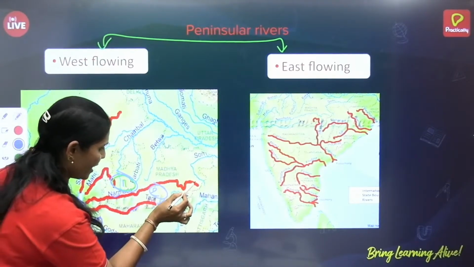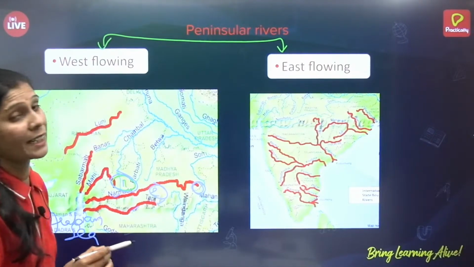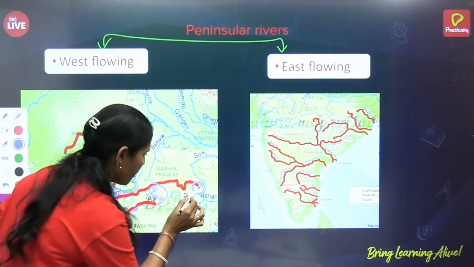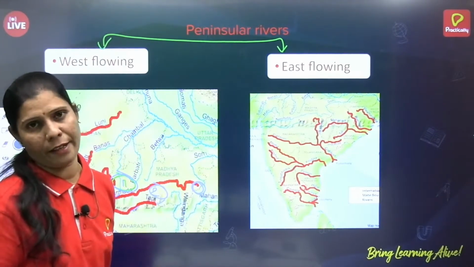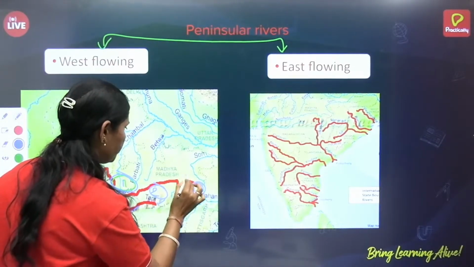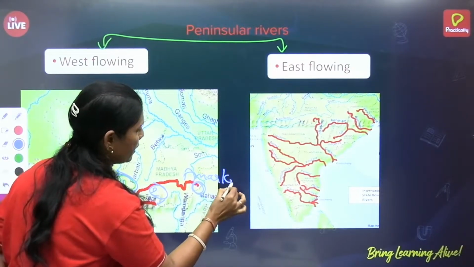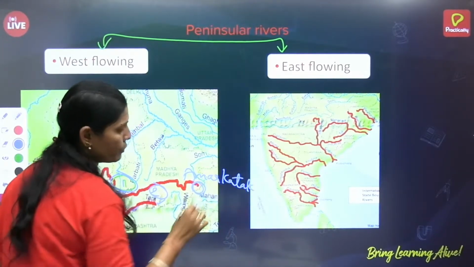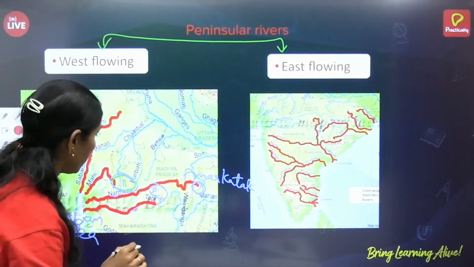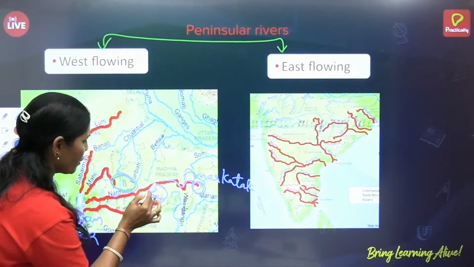Let us have its details. Narmada is a river which flows in the central highlands in Madhya Pradesh, and it originates at a place called Amarkantak. In the Amarkantak hills, please note it down, Amarkantak, a very beautiful place to visit, is the origin of river Narmada, and it flows in the rift valleys.